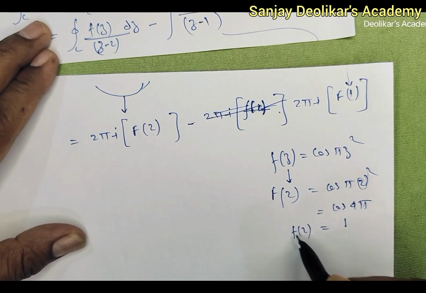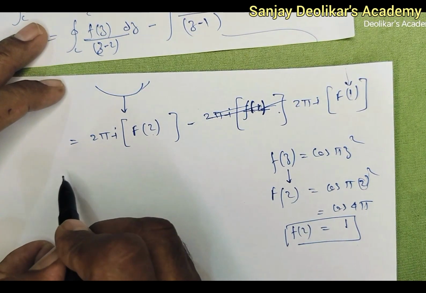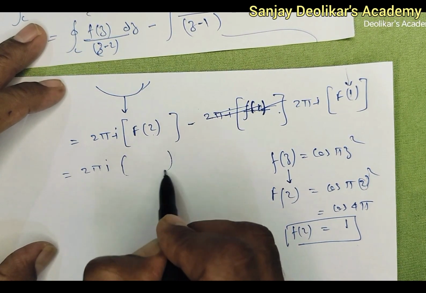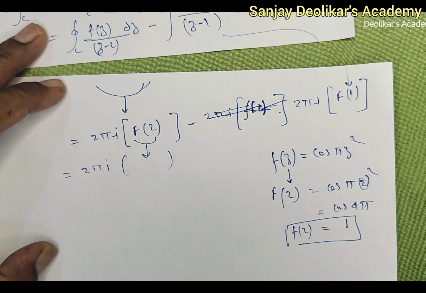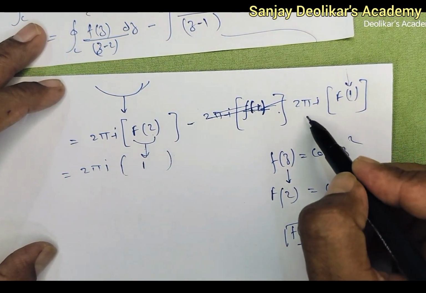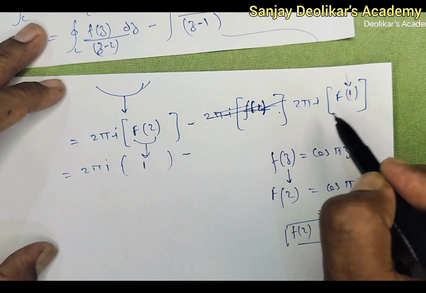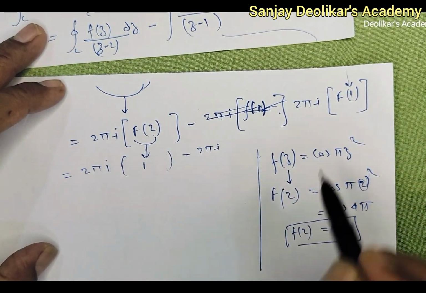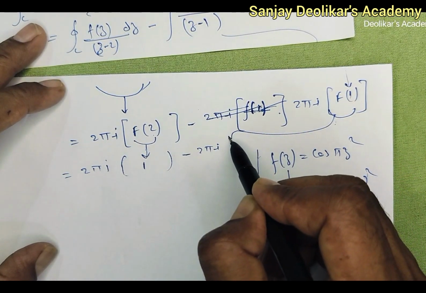So f of 2 is 1. In this 2 pi i, you will put f of 2 as 1. And the minus 2 pi i stays as it is, with this f of 1.